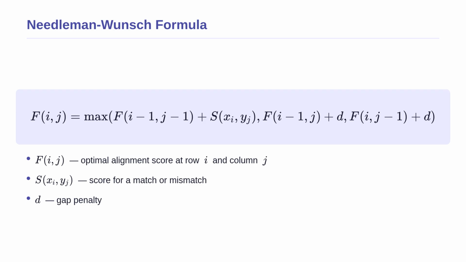The first option inside the max function represents a diagonal move, where we align two characters and add the match or mismatch score, s. The second and third options represent moving down or right in the matrix, which introduces a gap in one of the sequences, so we add the gap penalty, d. If we increase the gap penalty to a very large negative number, the algorithm will strongly avoid creating gaps and prefer mismatches instead.